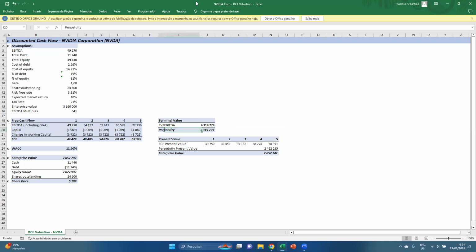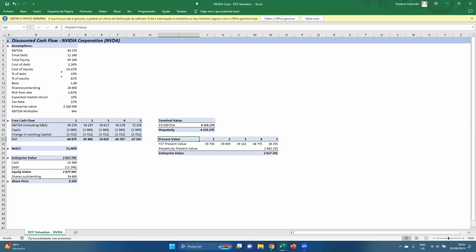Then we calculate the present value. As I said in the beginning, it's a valuation metric that we calculate based on intrinsic value, so it's not based on other companies or other valuation methods like comparable companies valuation, M&A transactions valuation or precedent transactions valuation.